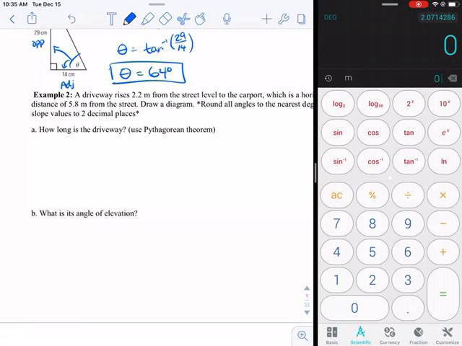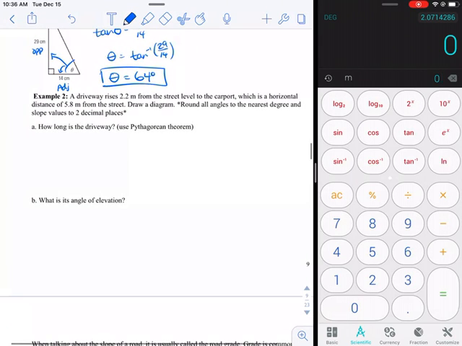Here's another example. A driveway rises 2.2 meters from the street level to the carport, which is a horizontal distance of 5.8 meters from the street. So picture a ramp, okay, and it rises 2.2 meters, and the horizontal distance is 5.8 meters. But we're looking for the actual length of the driveway, so we're going to use Pythagorean theorem. So that's a squared plus b squared equals c squared. The two shorter sides are a and b, so it's going to be 5.8 squared plus 2.2 squared is equal to c squared.